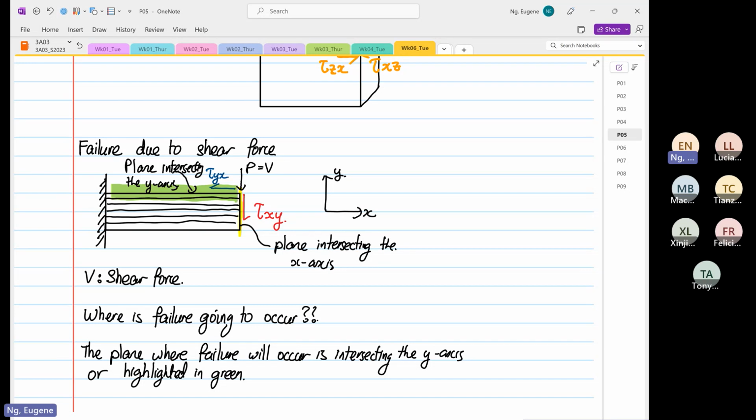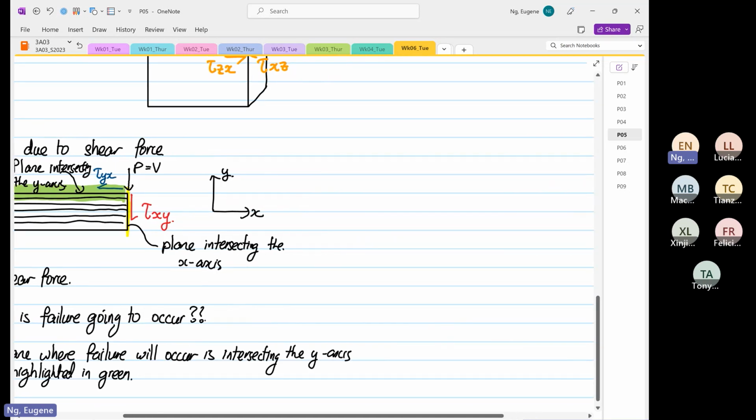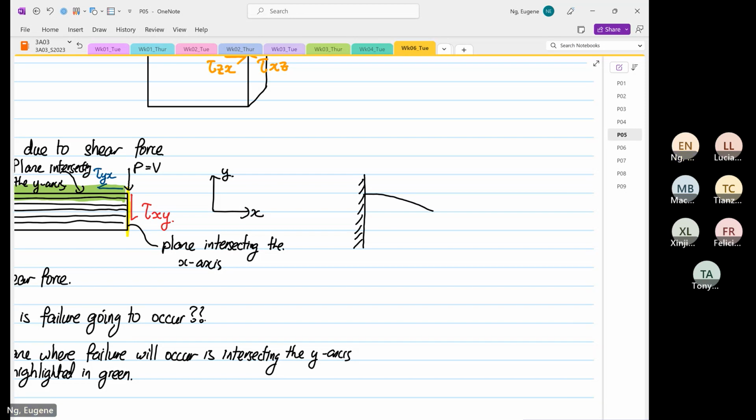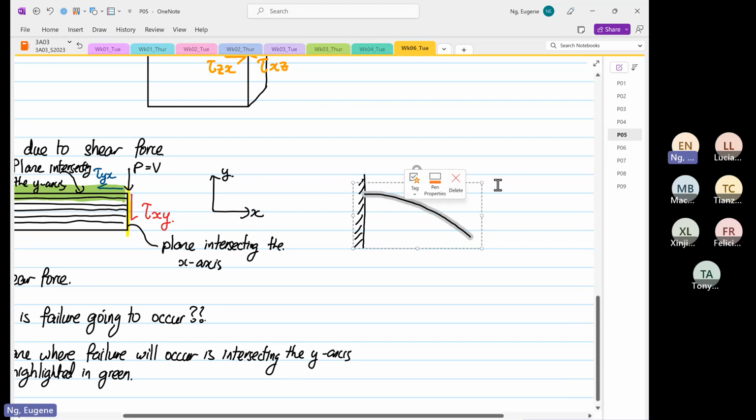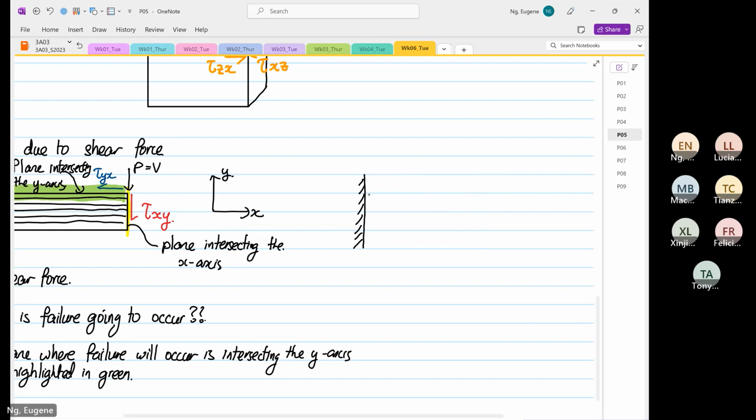Why is that? Okay, so if this structure were to deform, okay, due to the shear force, so I will do this. Okay, this is how the deformation is. Let me not be so exaggerated about it. Okay.